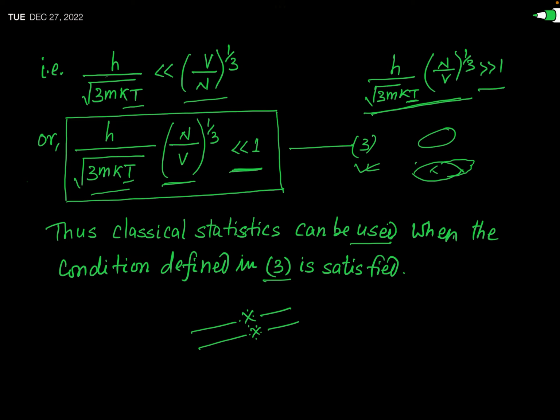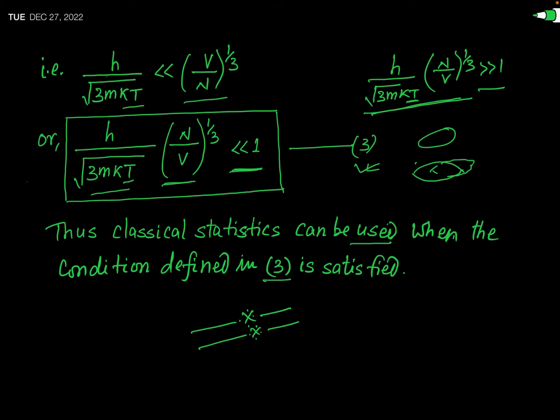At low temperature, if you take a dilute gas, then you have to apply quantum statistics. But at high temperature, the intermolecular separation increases and the de Broglie wavelength decreases, and in that condition there will be no overlapping of wave packets. Molecules can be distinguished from one another, they will have individual identity, and our classical statistics will be valid.